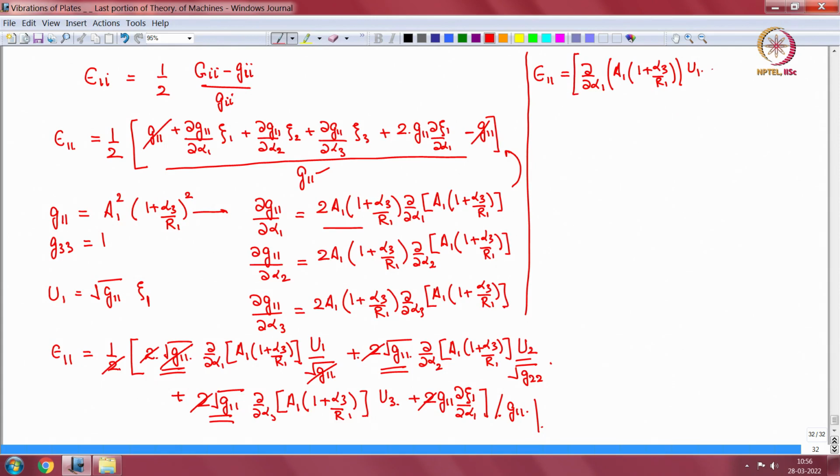Then I have plus root G11 by root G22 del alpha 2 A1 (1 plus alpha 3 by R1) U2 plus root over G11 del alpha 3.